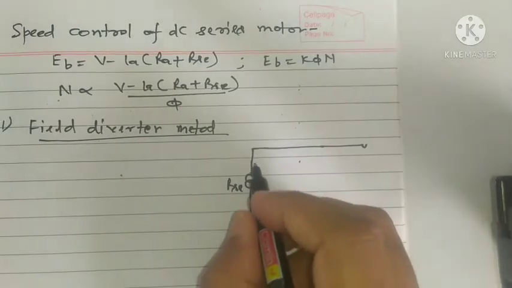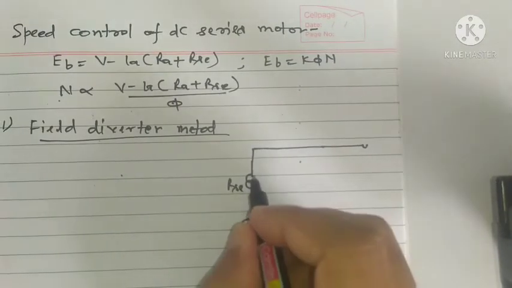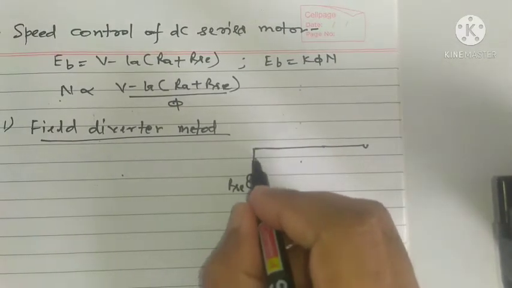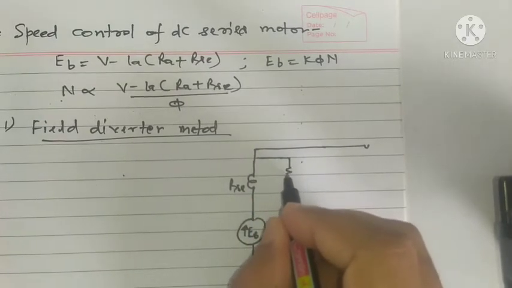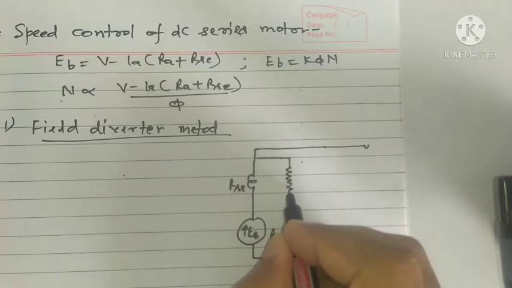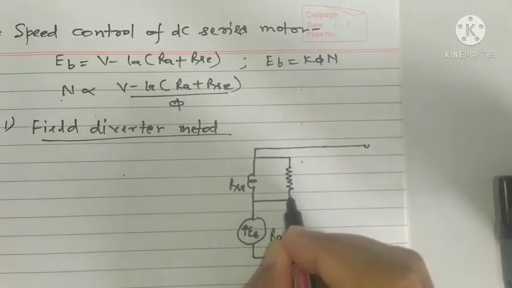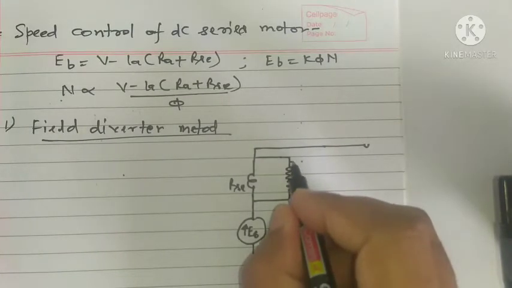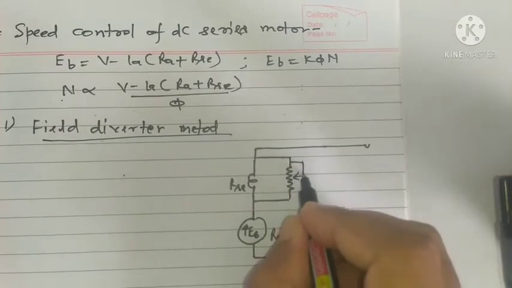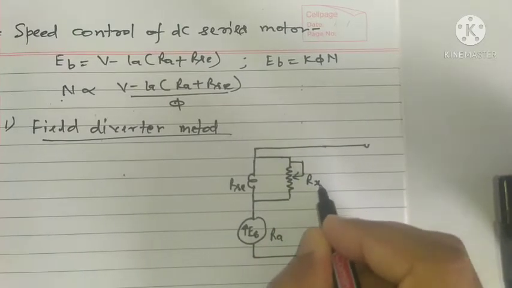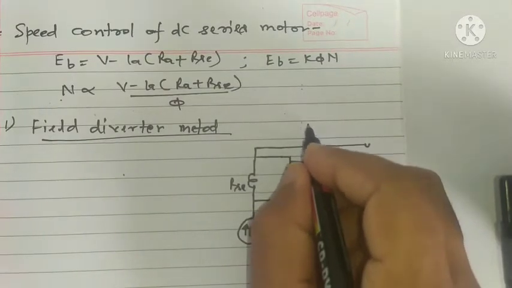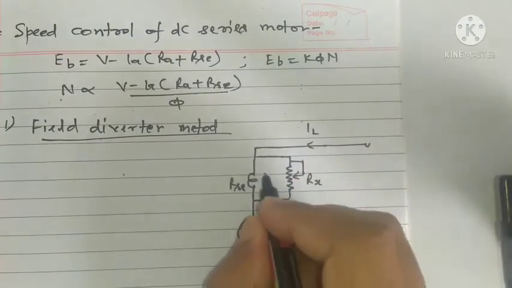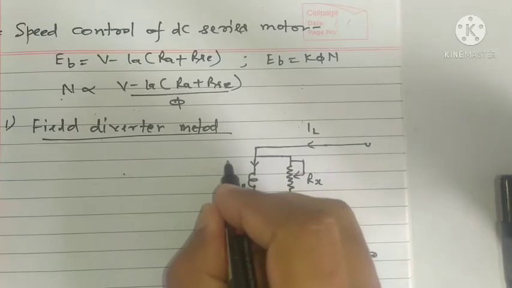Right, and what we are trying to do is divert some current from field winding. So I will use one external resistance to divert, and the current coming from here, IL, will be diverted.